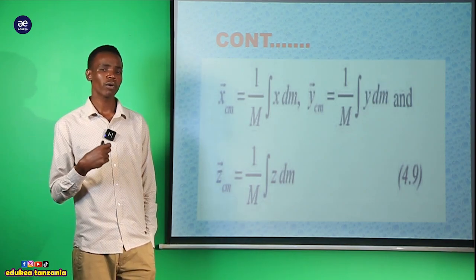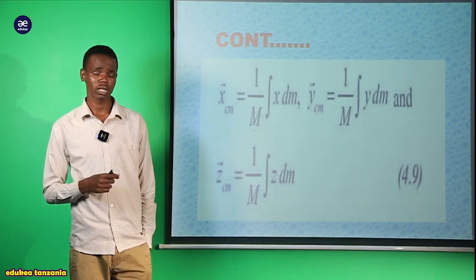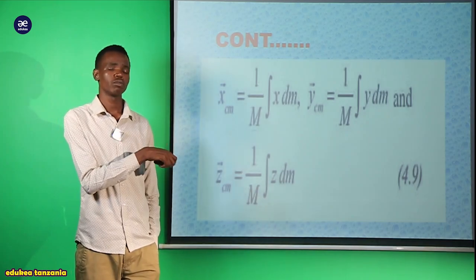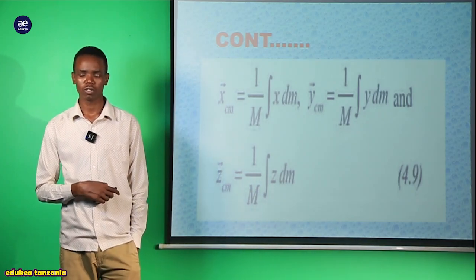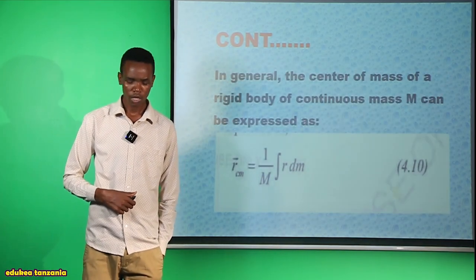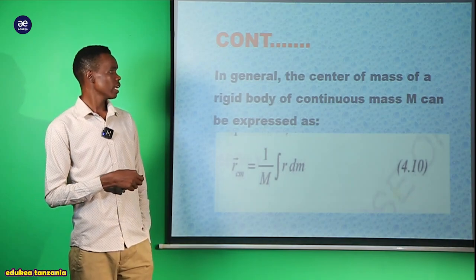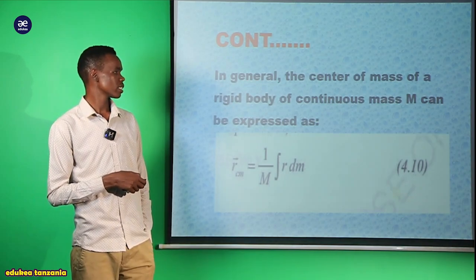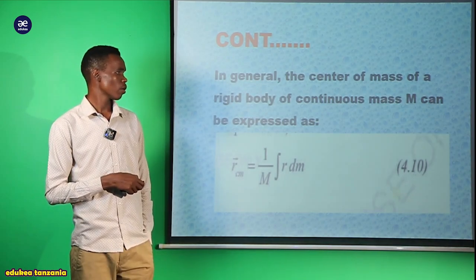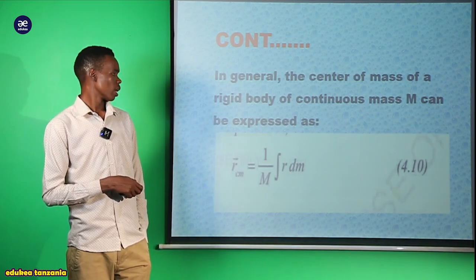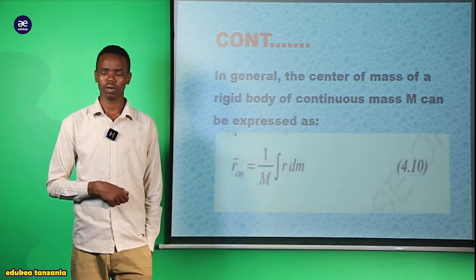Now when it is discrete we use the summation, and when it is continuous, we should express it in terms of the integration, as we try to see. So after there, in general, the center of mass of the rigid body of continuous mass can be expressed as this one.